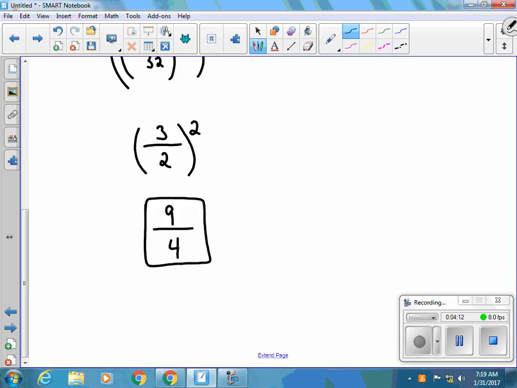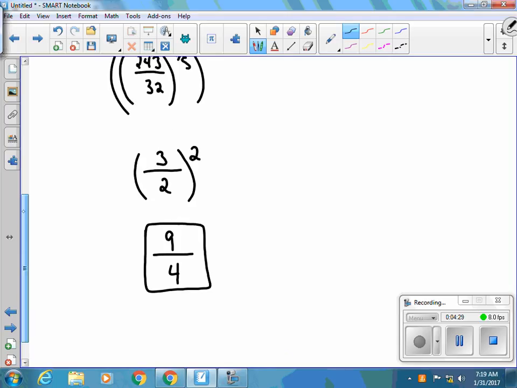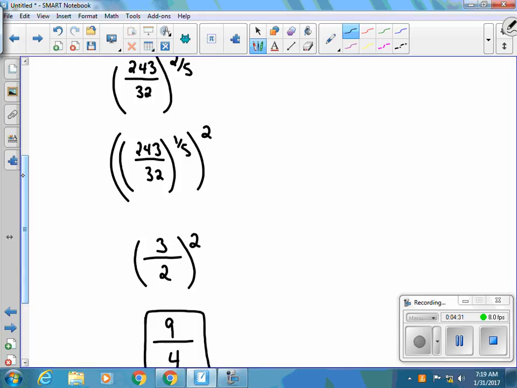So my final answer is 9 over 4. So compared to the last example, I just have another breakdown within my exponents just because it's a different fraction, not a 1 over something. I got to break down the 2/5 into 1/5 and then 2.